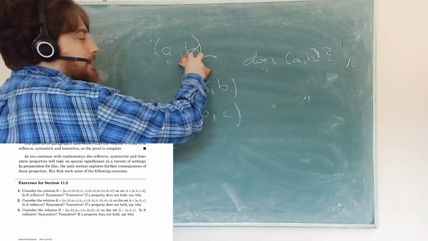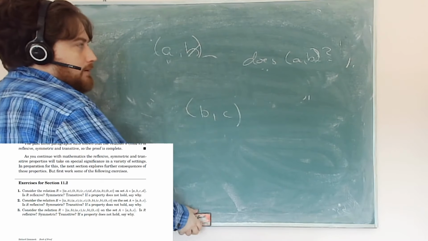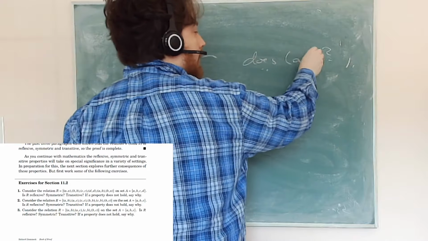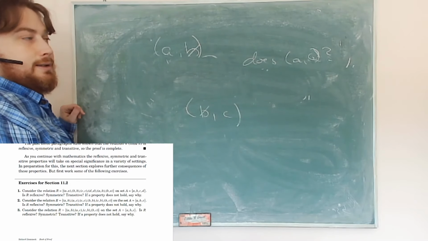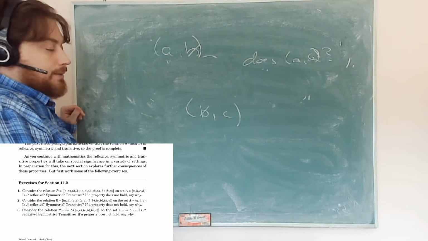So I do the next thing here, and instead of worrying about that one, I'm going to worry about A goes to B and B goes to C. So again, I'm removing this and asking, does A go to C? And I do see that AC is in my set, so that's good. Then I have to try something else.